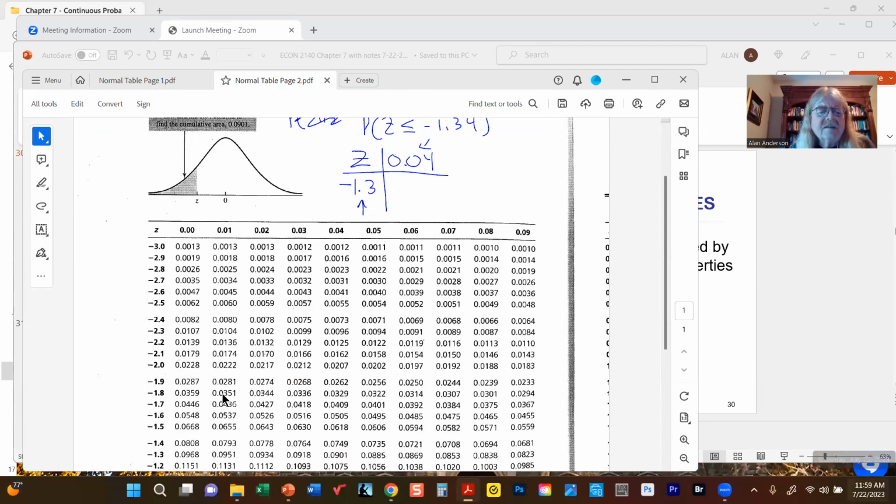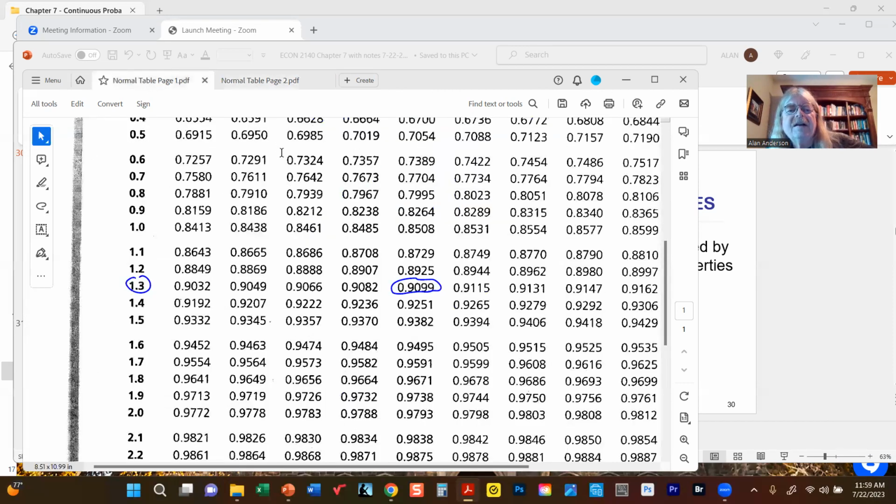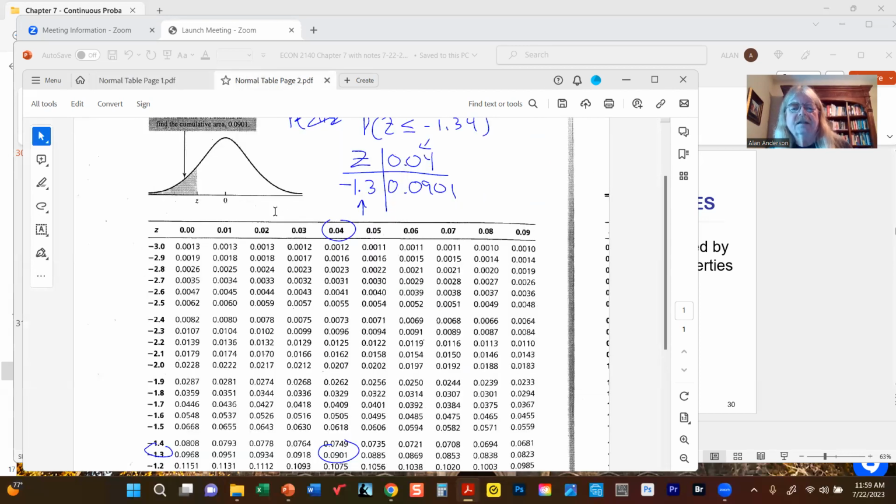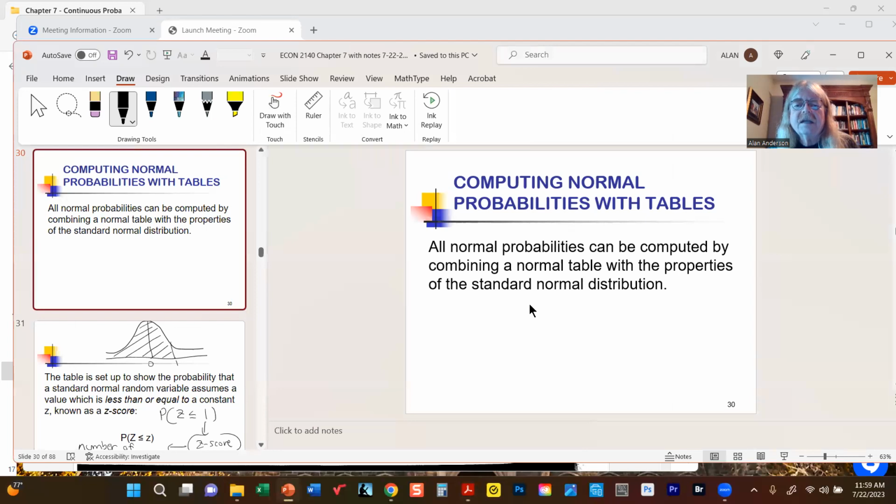Here's the negative 1.3, here's the 0.04. And as we predicted, it's 0.0901 because the two of them have to add up to 1. Okay, much better. So that's how the tables work.